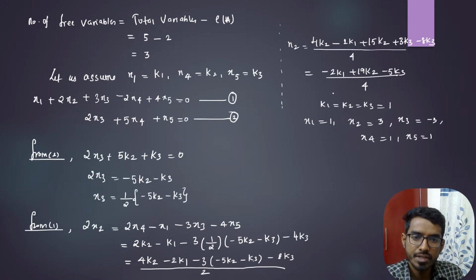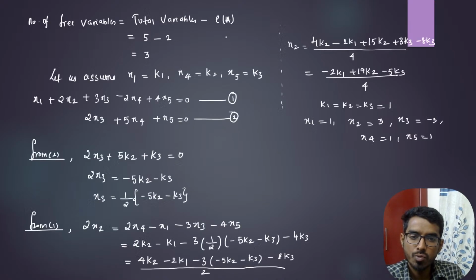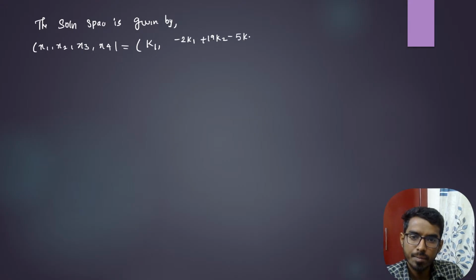So what is x2? x2 is (-2k1 + 19k2 - 5k3) whole divided by 4.